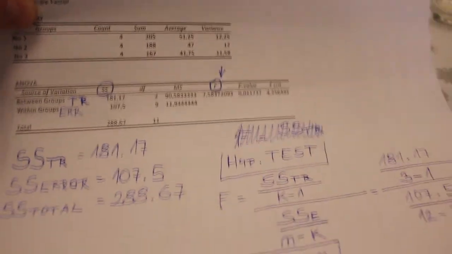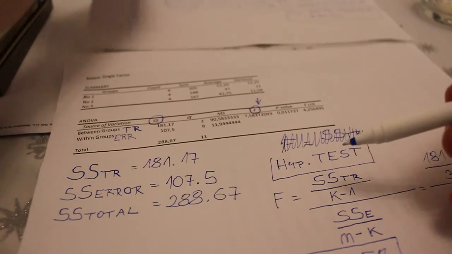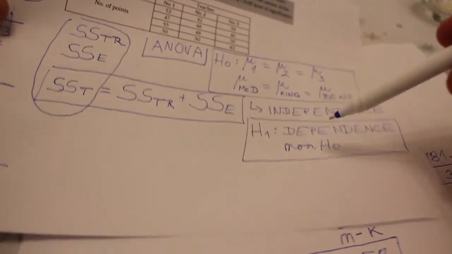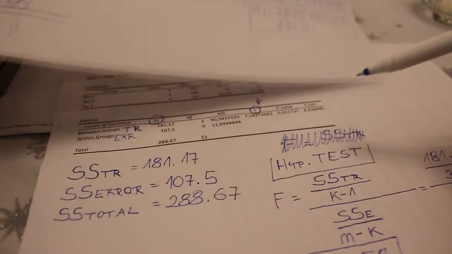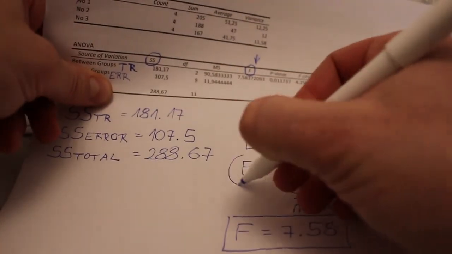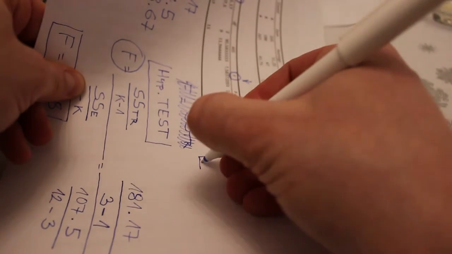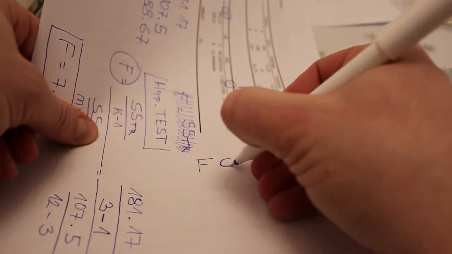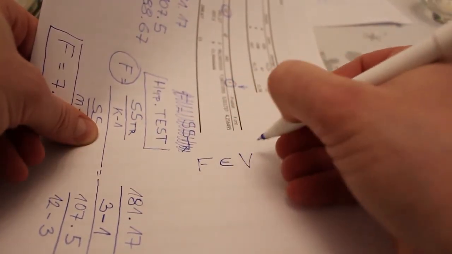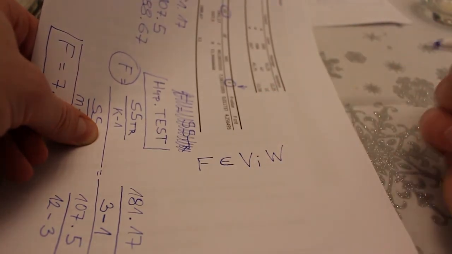Okay, so what else is written in your formulas? You have written the zero and alternative hypothesis. You have written how to calculate the Fisher F statistic. And after, you have written the rejection region. Why? Because the F statistic can be an element either of the region of acceptance or the rejection region.